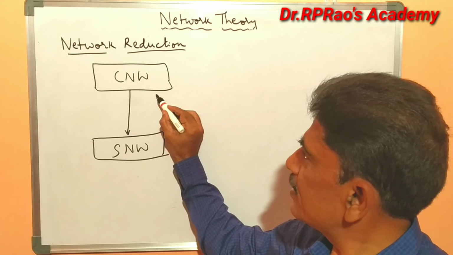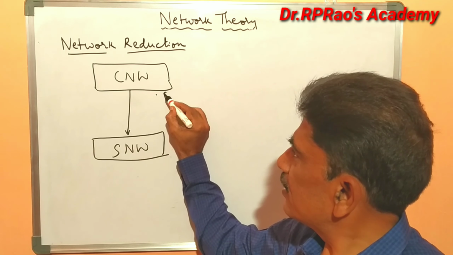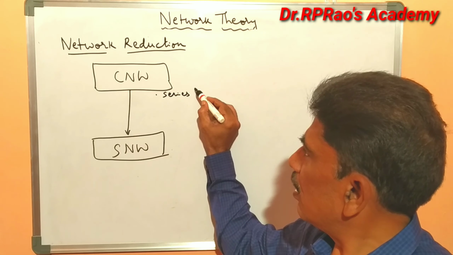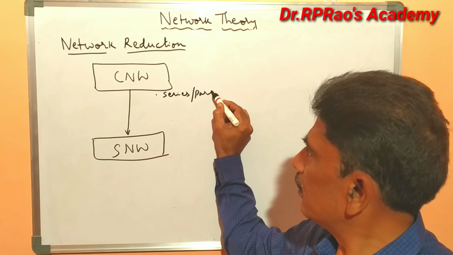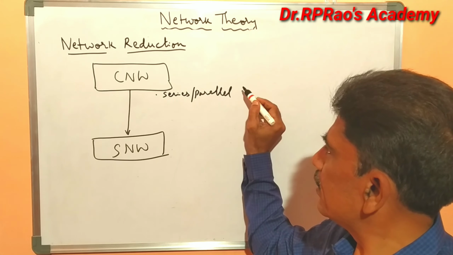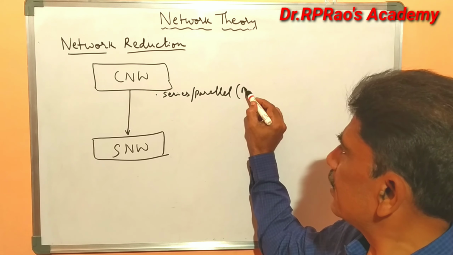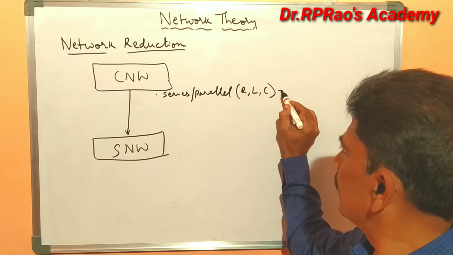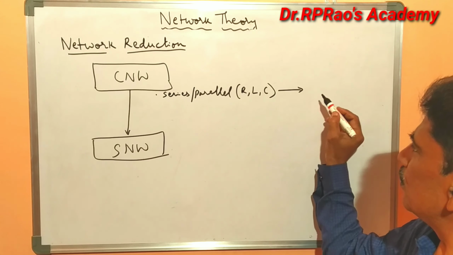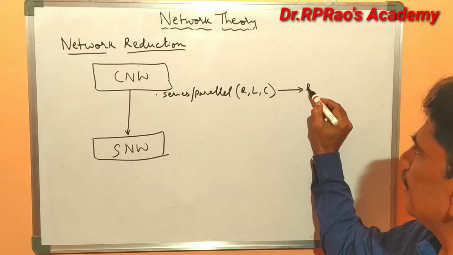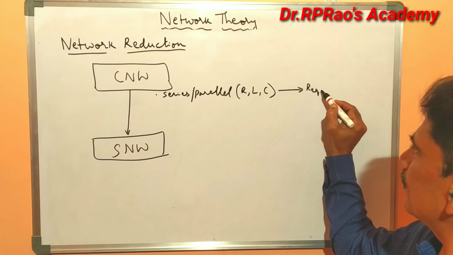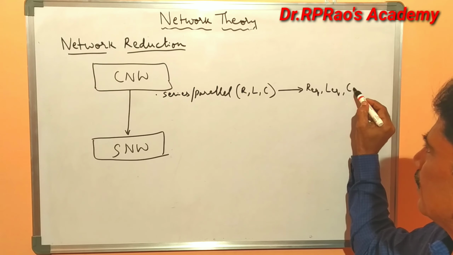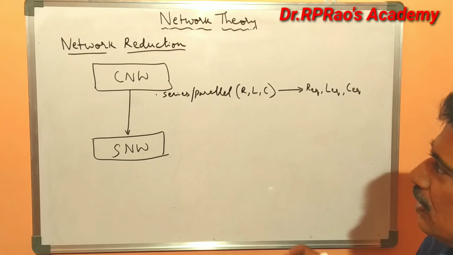The first method is the series or parallel combination. Series or parallel combinations of resistances, inductances and capacitances are replaced by their equivalent values, R equivalent, L equivalent and C equivalent, to reduce the complexities.